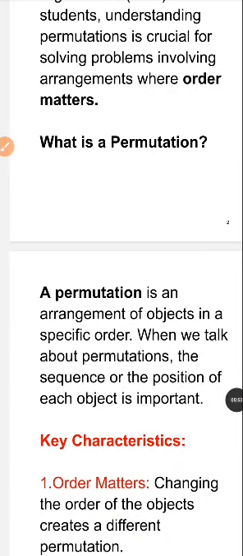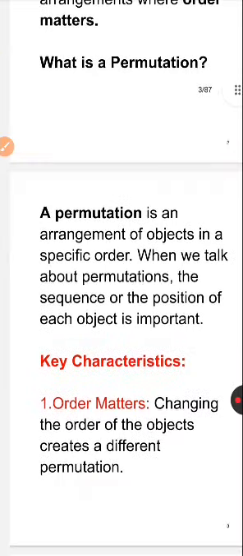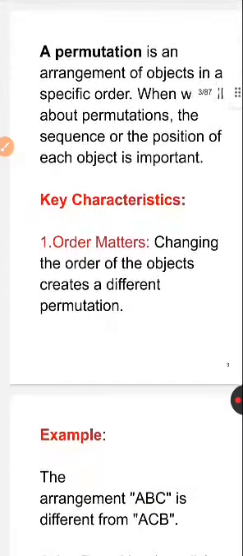Now let's talk about permutation, because this is what the video is about. Permutation is a concept in combinatorics that deals with the order of arrangement. One can also say that permutation is an arrangement of objects in a specified order. Therefore, it must have characteristics.